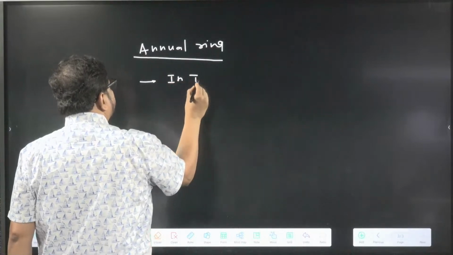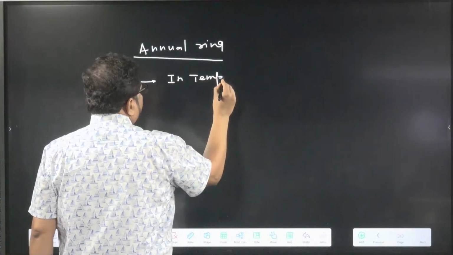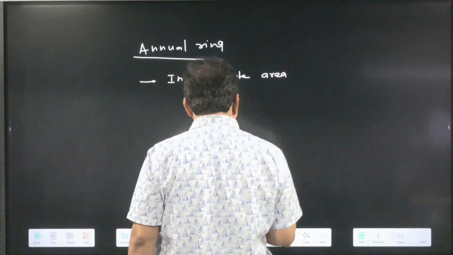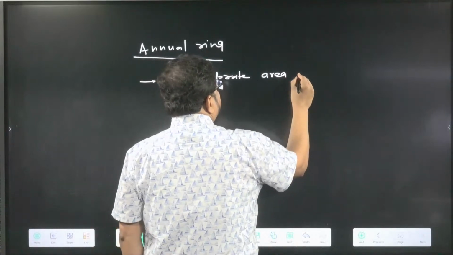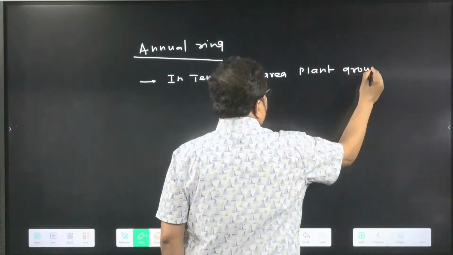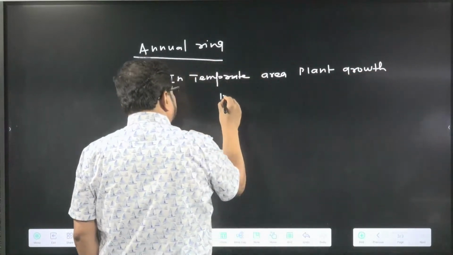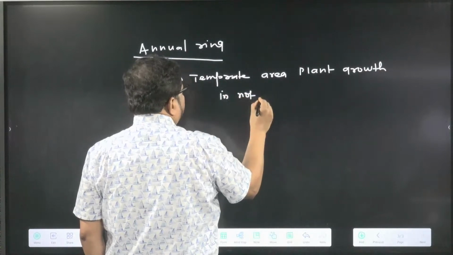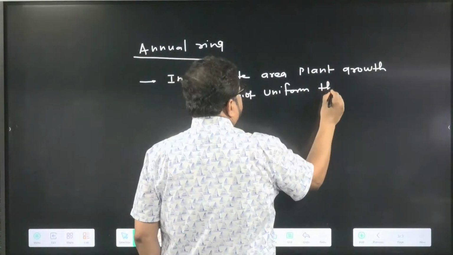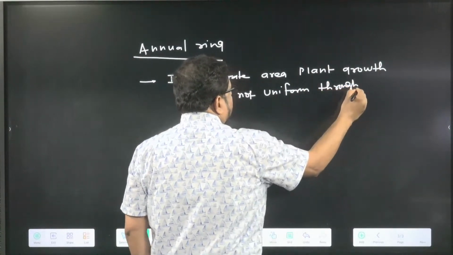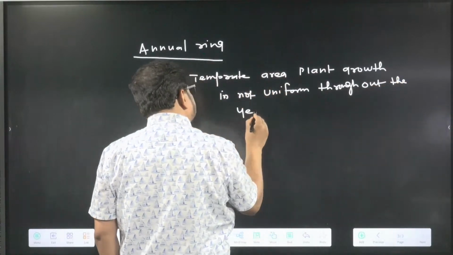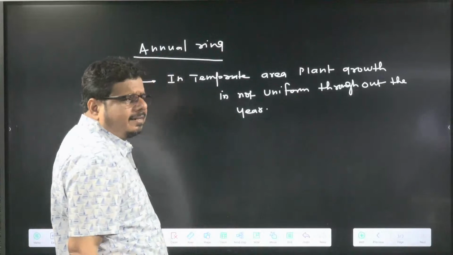In temperate region, temperate area, plant growth is not uniform throughout the year. Not uniform throughout the year. Understanding the idea or not?